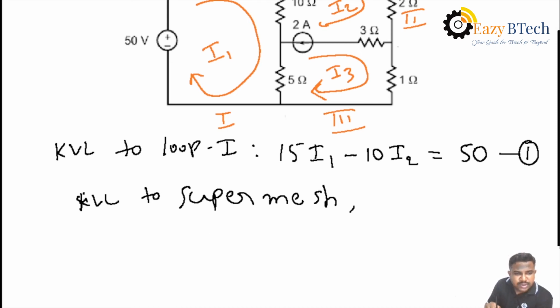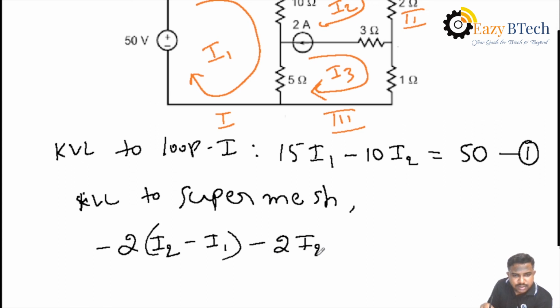Then simply apply it for the second loop, where the 10 ohms belongs to the two loops. That's why minus 10 into I2 minus I1, and the other element, the 2 ohms, is in only a single loop, that is minus 2 I2.